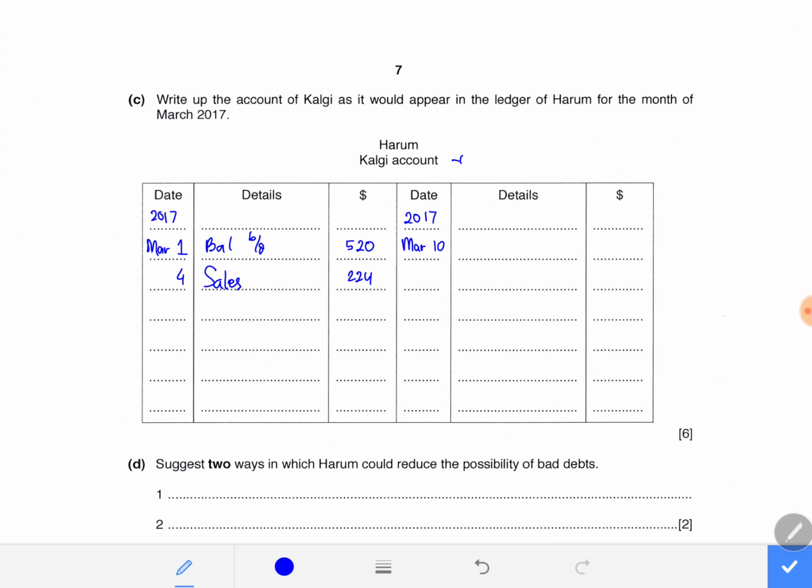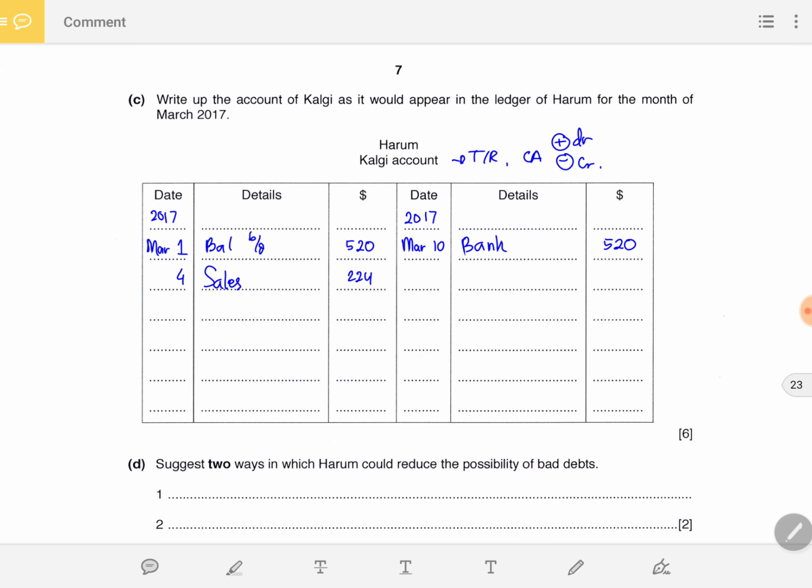Because Kalgi is a customer and it is a trade receivable, it's an asset: increase in debit, decrease in credit. Don't forget that. Because it said check, I put bank and the amount is 520.